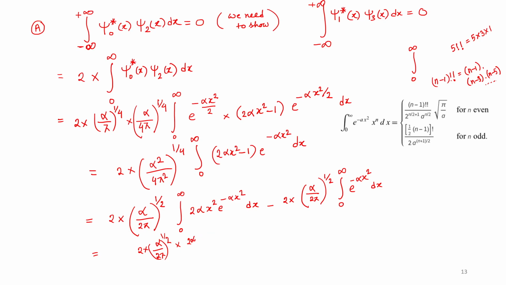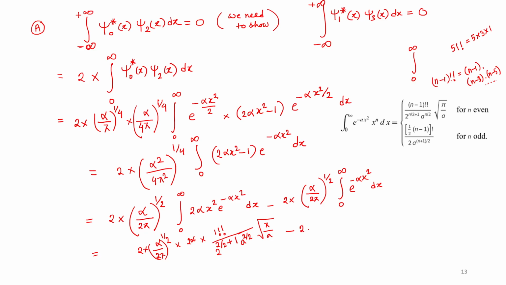Now the integration of x square e to the minus alpha x square, so n minus 1, which is 1, 1 double factorial is 1, divided by 2 into n by 2, n is 2 here, I will write it explicitly once at least, into a to the power 2 by 2 into root over pi by a.